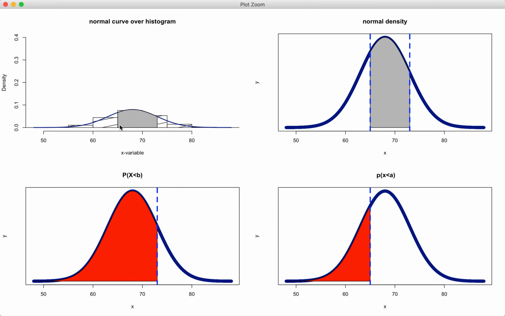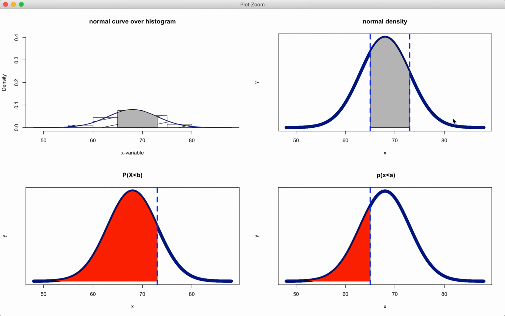Okay. So one thing I want to point out is that the integral from a to b represents the probabilities of the histogram. And the histogram is what you're representing. So that's one reason why we integrate. Okay. Now, if I look at the area, which is the probability, it's going to be of this curve. That's what I want to calculate. And in blue here, I have the normal distribution as specified.